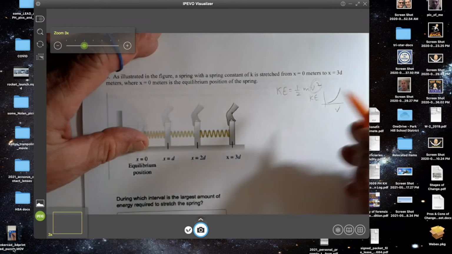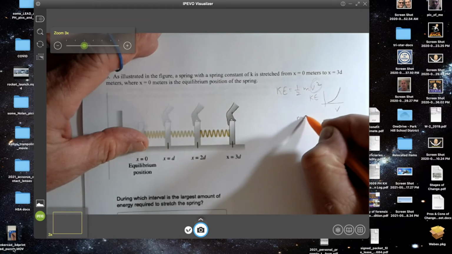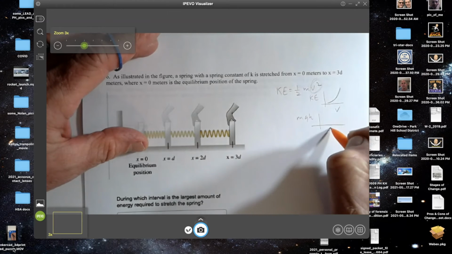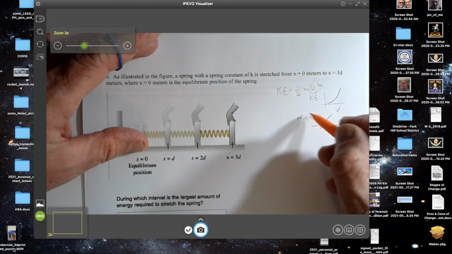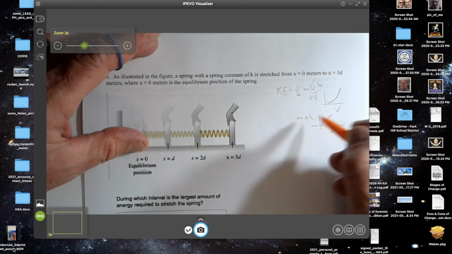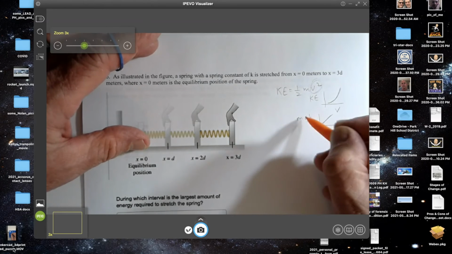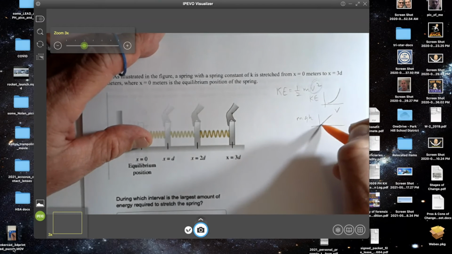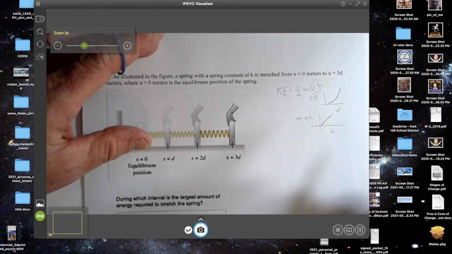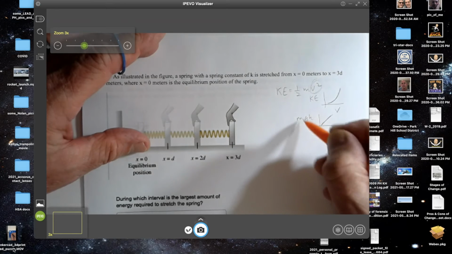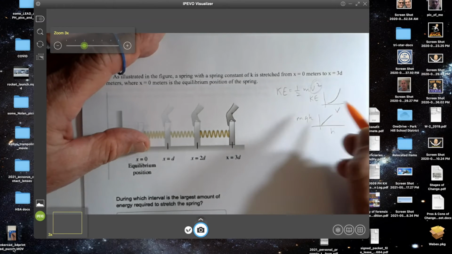If we were to graph mgh, potential energy against height, it would be a linear function. As you go up in height, 1 meter, 2 meters, assuming that g stays constant, which it changes a little bit as you go up above the Earth's surface, we'd have a linear function.